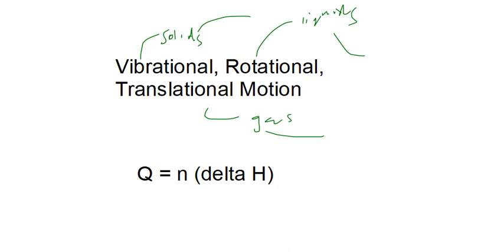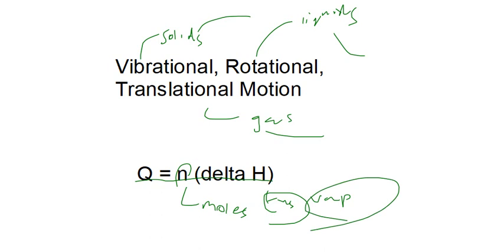So here's the formula that you use for this. N is going to be the moles of the substance, and delta H is going to be the heat of either fusion or vaporization. You can write those as the subscripts, and these are going to be in joules per mole. So you have N, which is moles, times joules per mole.